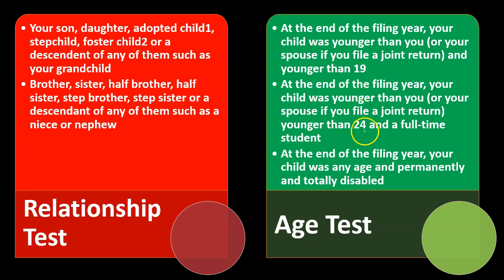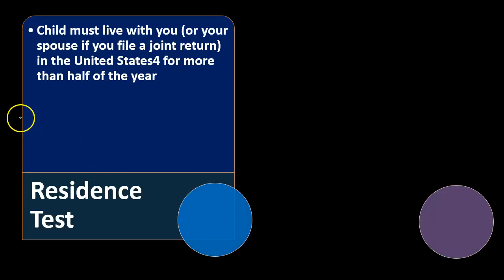However, if they're a full-time student, then they can pass the age test up to 24. So typically, if they're talking about someone that's going to college, that would be the exception on the 24. At the end of the filing year, your child was any age and permanently or totally disabled. So you have an exception to the rule. If permanently or totally disabled, then they would pass the age test at any age.